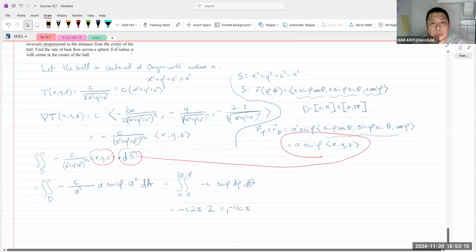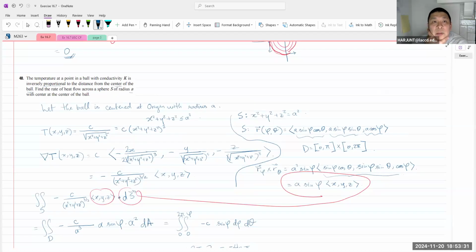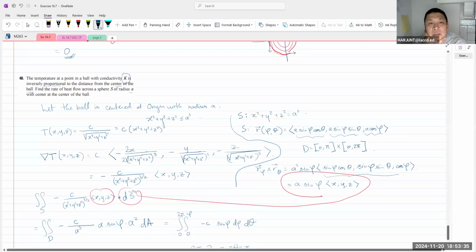Okay, so we're supposed to have the heat coming in. This means the heat coming in. Oh, hold on. I missed something. I missed the conductivity. Okay, so this is K here. This is K. This is K.